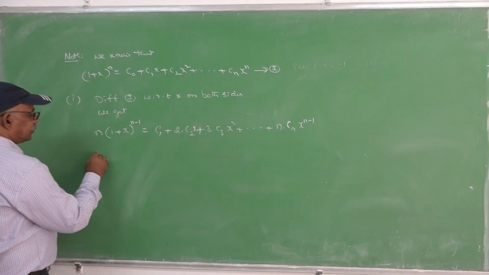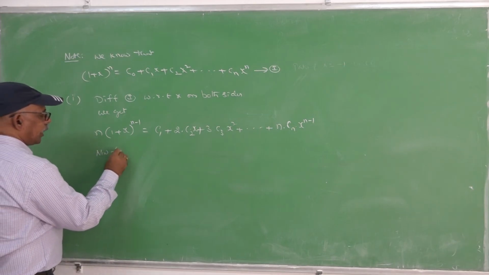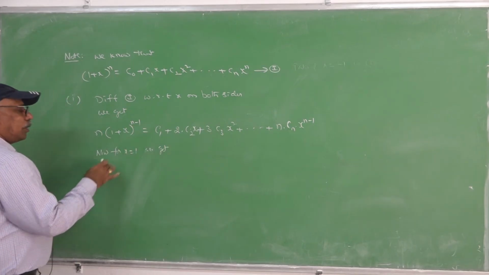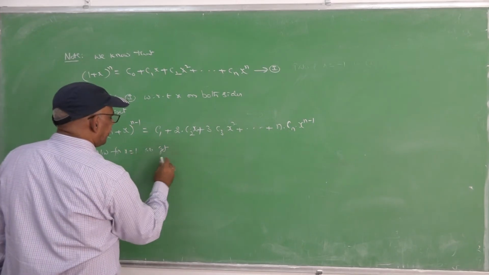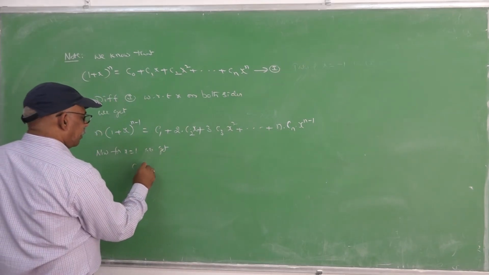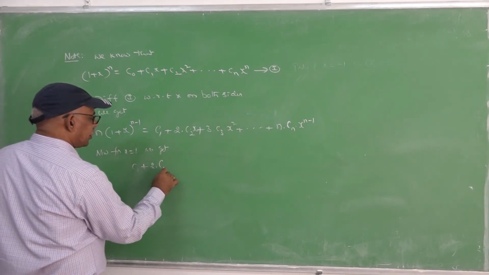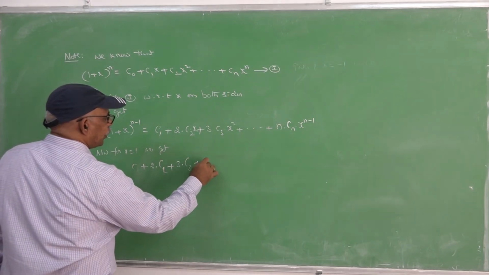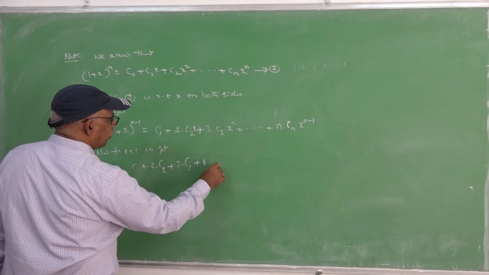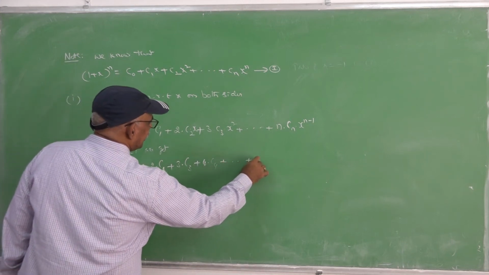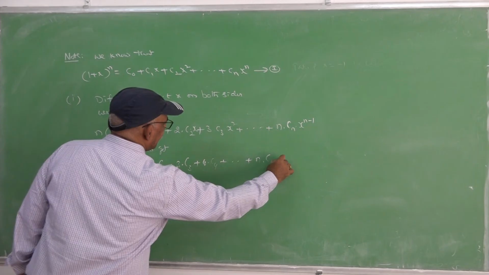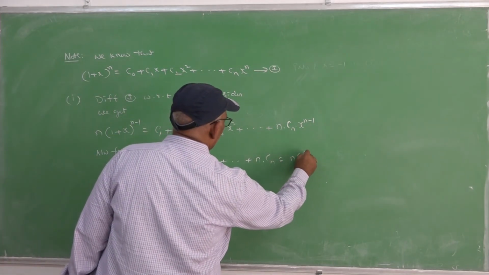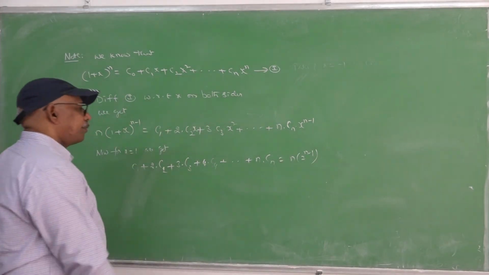Now for x equal to 1, we get one result. X equal to 1, we get c1 plus 2 into c2 plus 3 into c3, 4 into c4, like that, n into cn, is equal to, taking x equal to 1, this result.